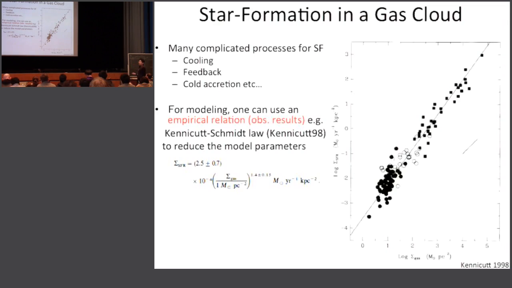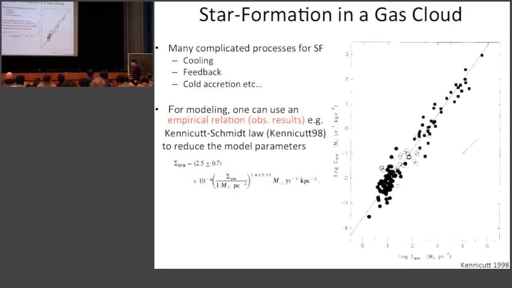But some modelers use the empirical relation between the gas and the star formation rate, such as the Kennicutt-Schmidt law. So Kennicutt-Schmidt law is, as you know, the surface gas density as a function of the surface star formation rate. It has the strong correlation between two quantities. So these are known for the local galaxies.